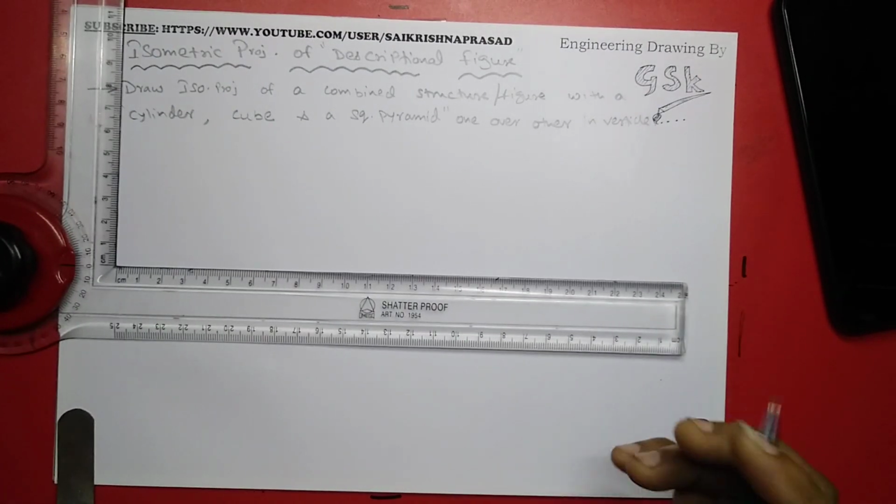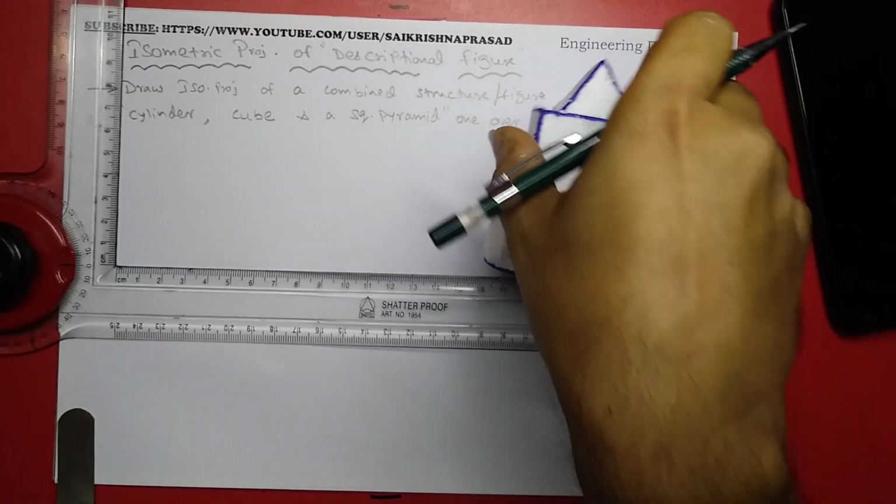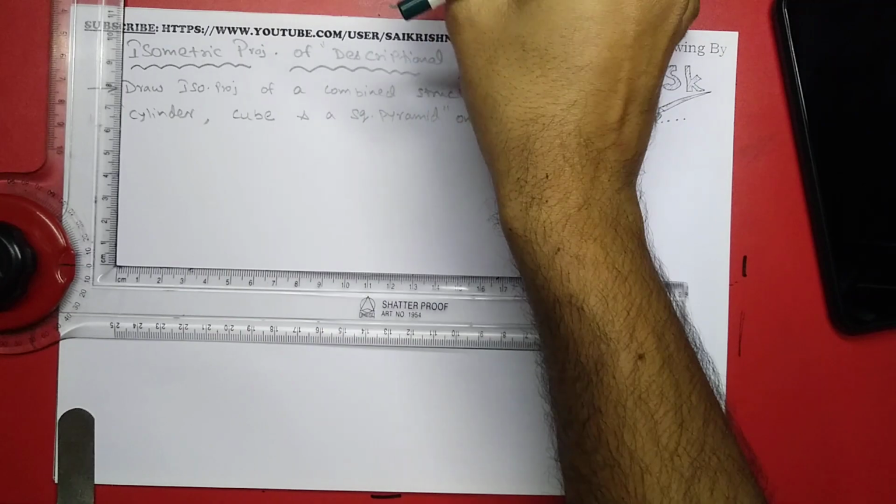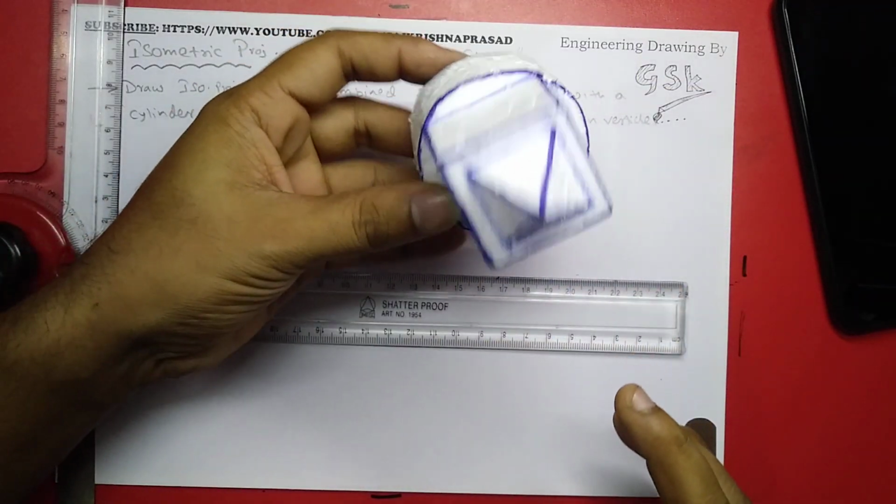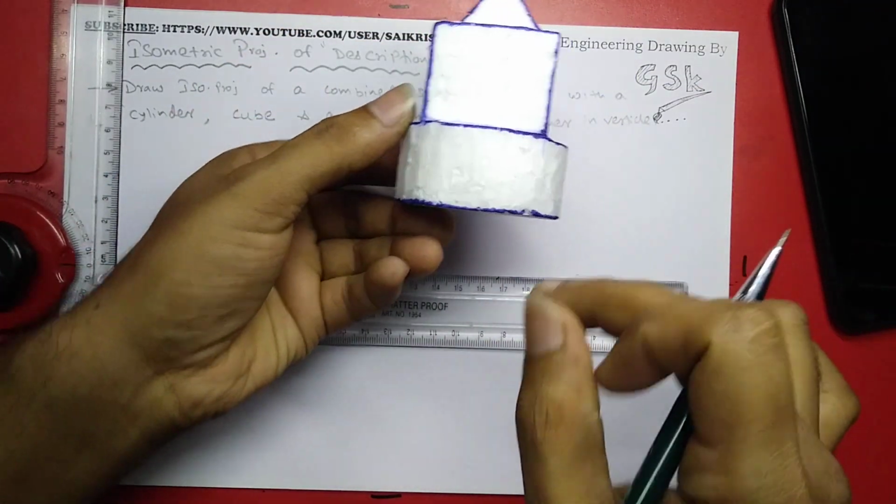I'll be drawing the orthographic view first. It would be easy if I start with the top view, then I can go for the front view.